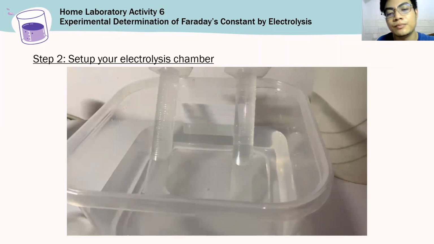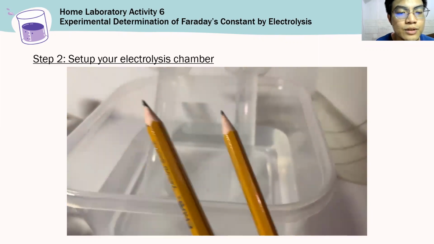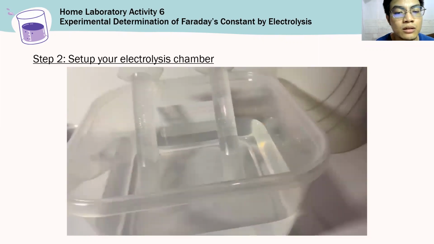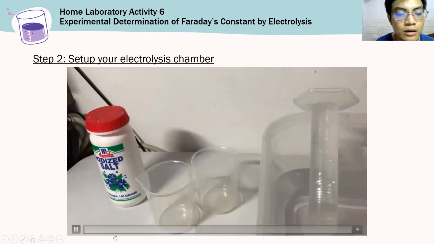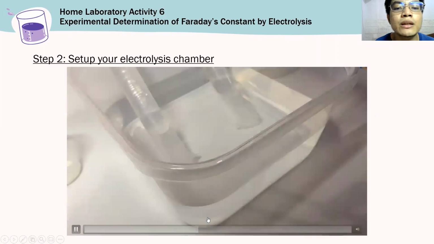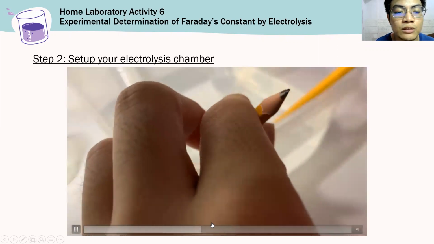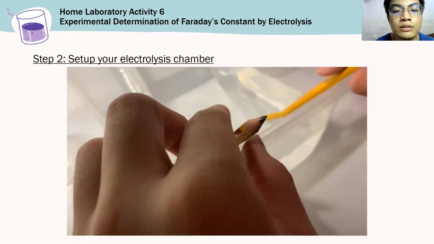Then after that, using your 2 pencils, submerge the ends of it, making sure that their ends will reach the opening of your graduated cylinder. So just observe what I did in the video.